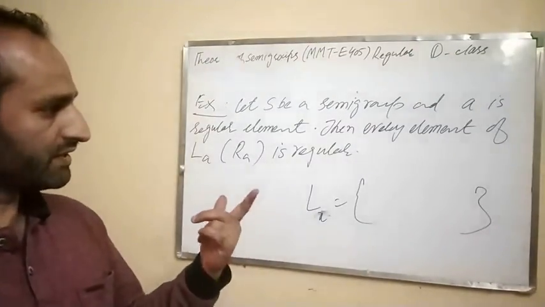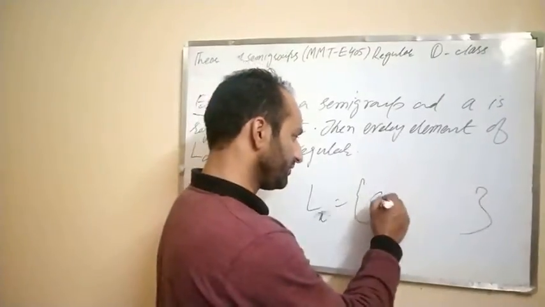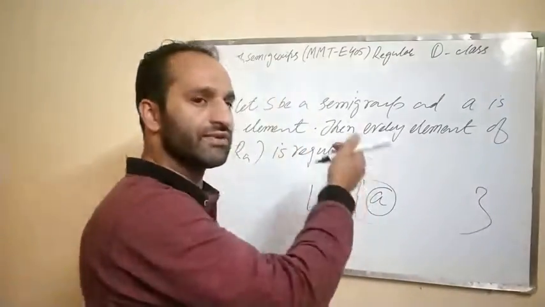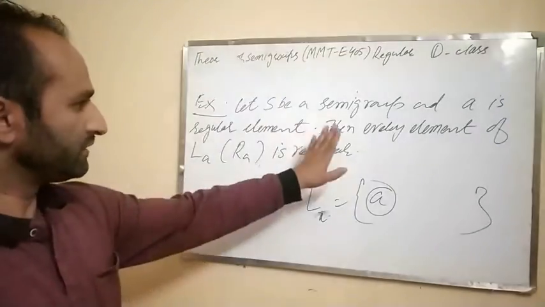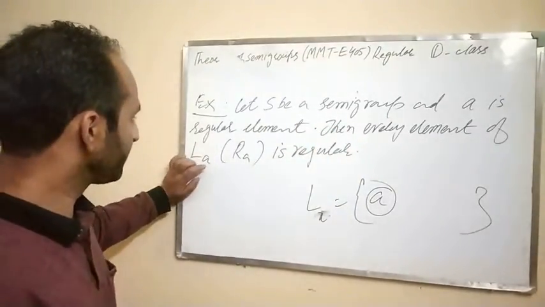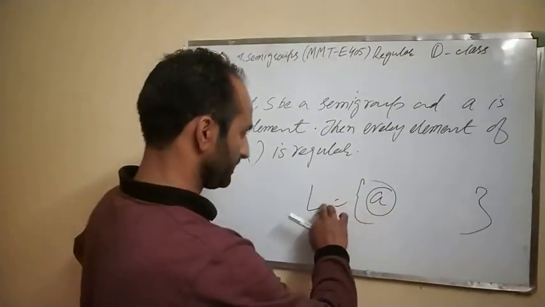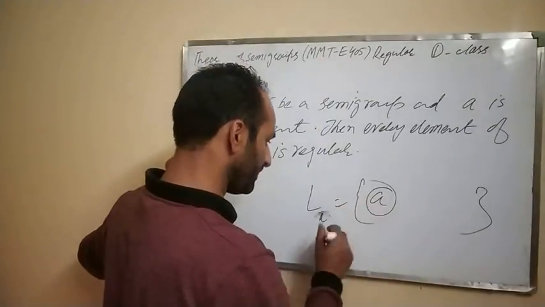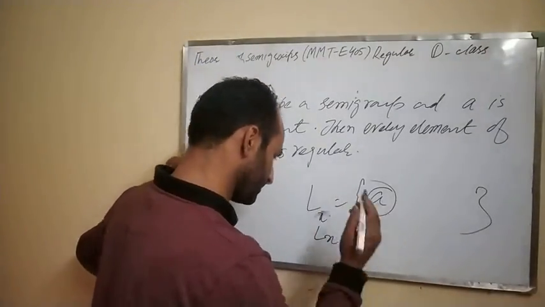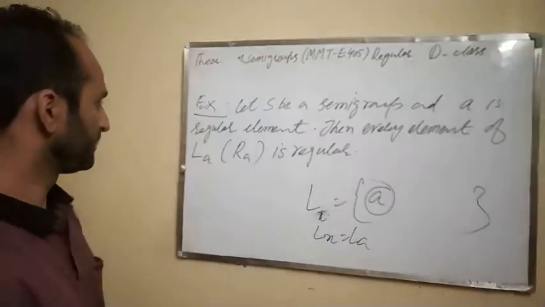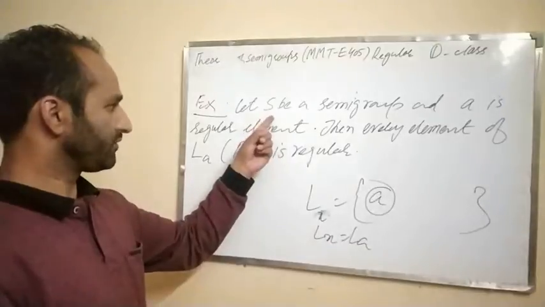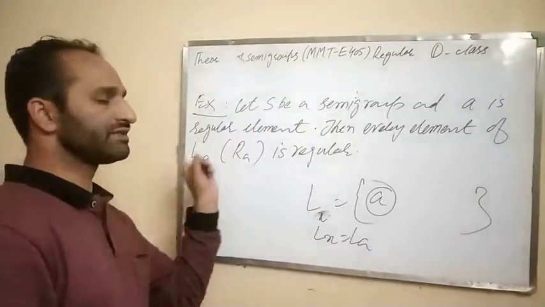And if we can locate an element, say A, which is regular, then every element of the L class is regular. Suppose A is here in Lx and this is regular, then Lx is the same as La. So if A is a regular element, then every element of La is regular.